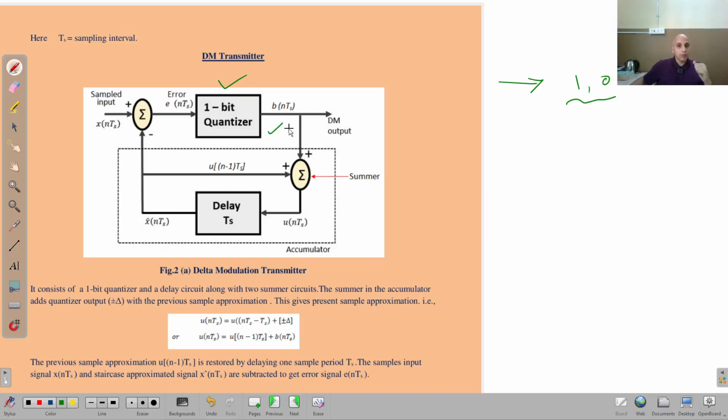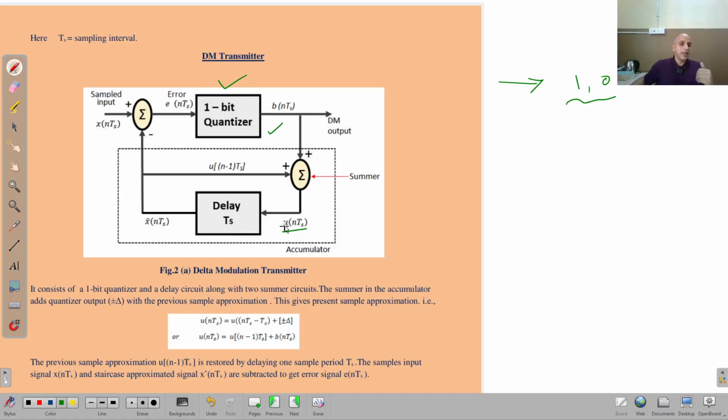This 1 bit quantizer's output B nTs is sent to a summer, a summer amplifier, and this then generates u(nTs). It is further sent to the delay circuit. Now the delay circuit delays it by one step.